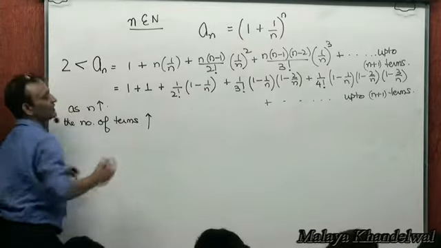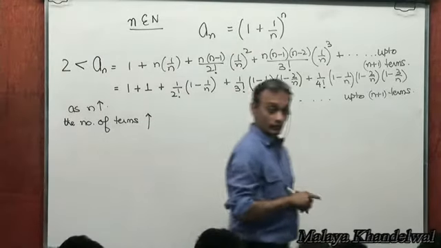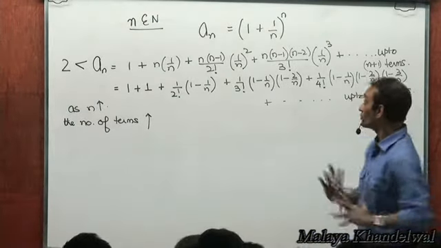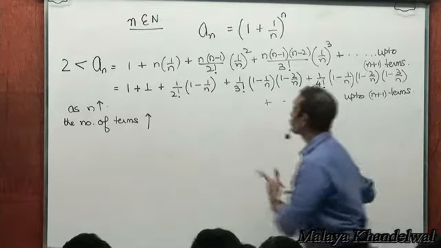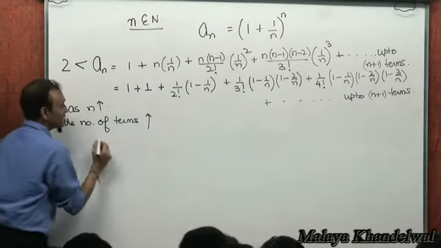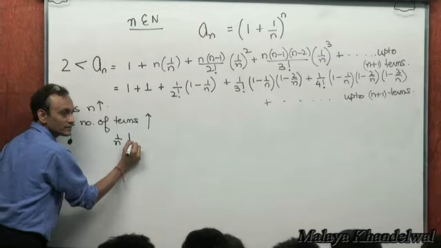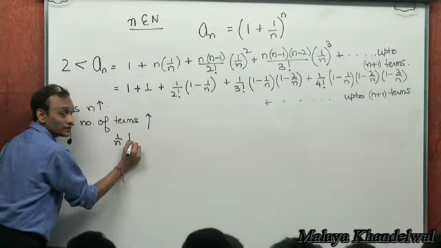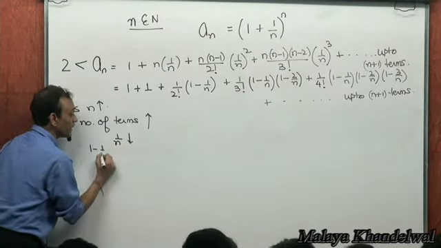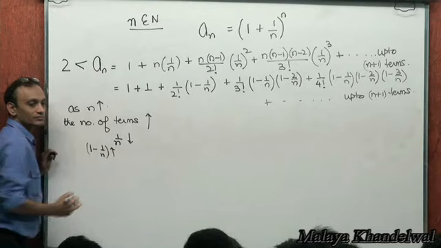In the expansion, the number of terms will increase, right? Now the value of each term. As n increases, 1 by n will decrease, so 1 minus 1 by n will increase, yes or no?